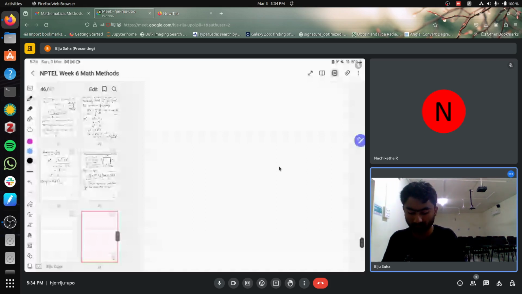Starting with our equation, right now it involves both integration and differentiation.